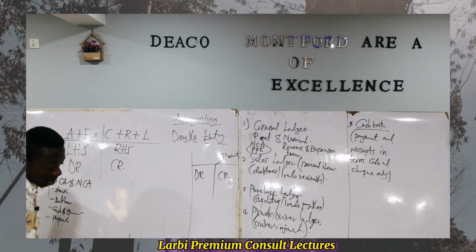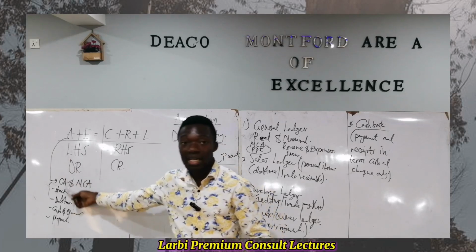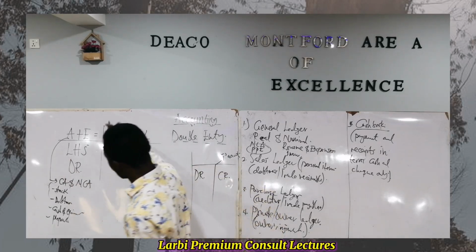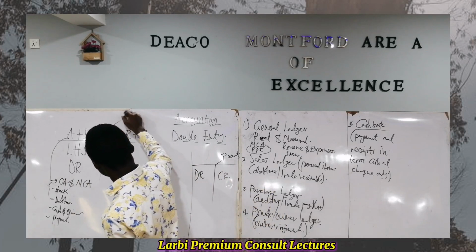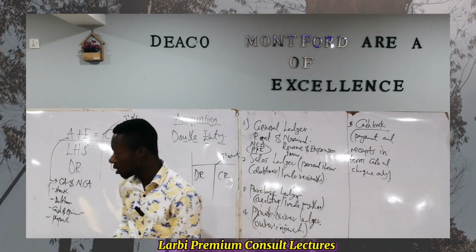In terms of the entry, it is going to reflect at the left-hand side of the account. As we have already indicated, this is what we call the T account. So let's take note of that.